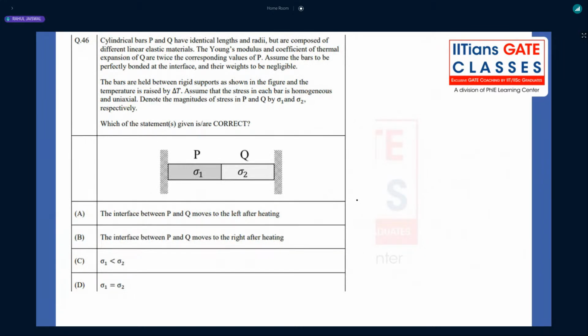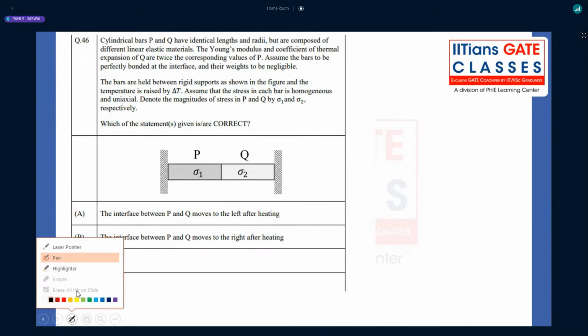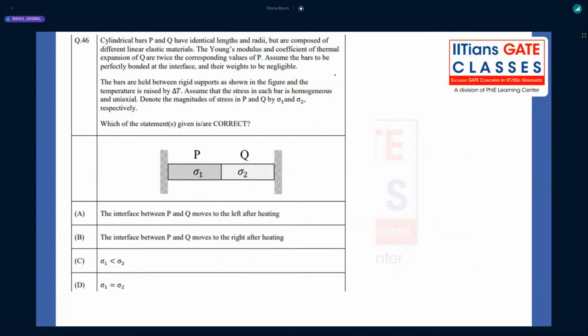Here in this question, there are bars connected in series, right? Two bars connected in series. Now we will not be going into the details of this, right? You can see the other YouTube videos where we have discussed the thermal stresses. There you can watch very carefully.